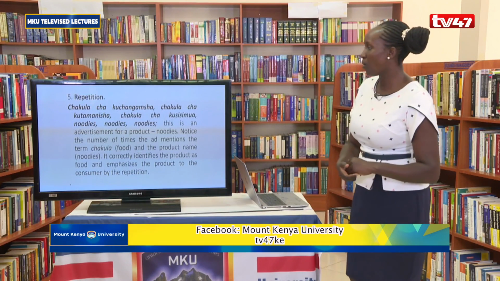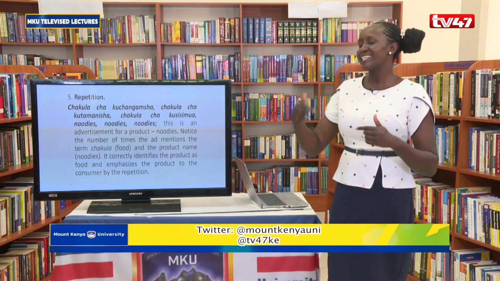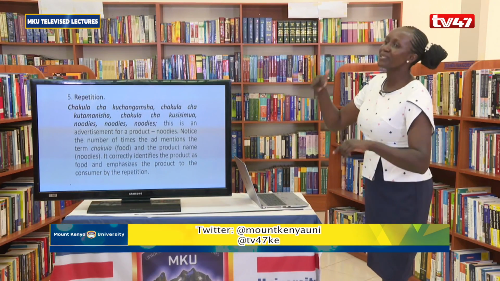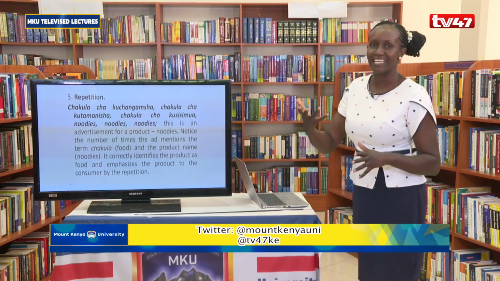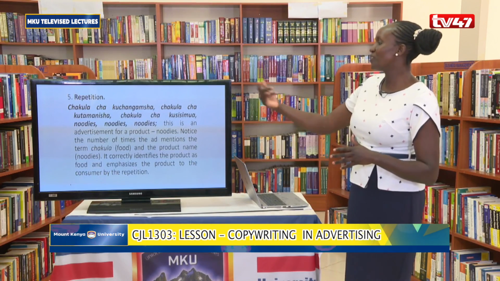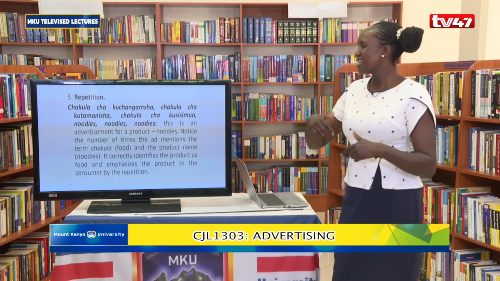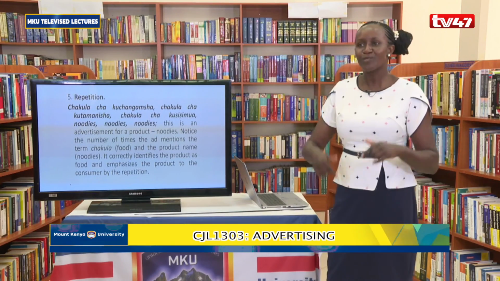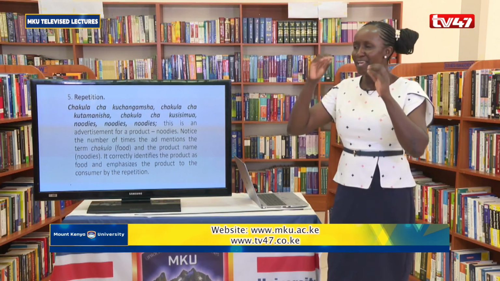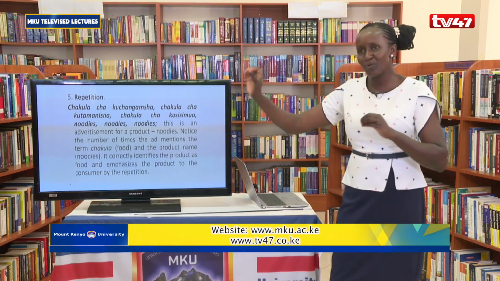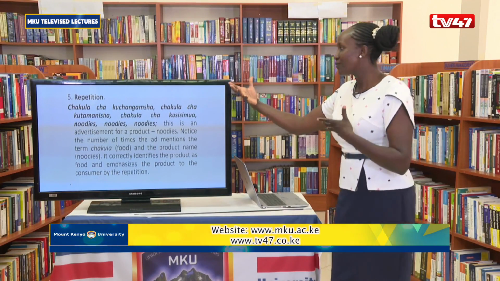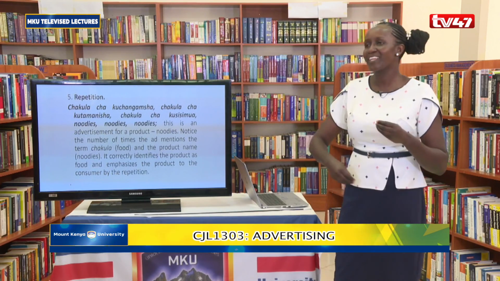Then the last device is called repetition. Just like with alliteration, we repeat in a bid to retain the message in people's minds. We've given the example of a product called Nudies. They keep talking about chakula, chakula, chakula. So when you keep hearing that in your mind, you cannot confuse the product Nudies for anything but food, and you cannot forget what the product is.